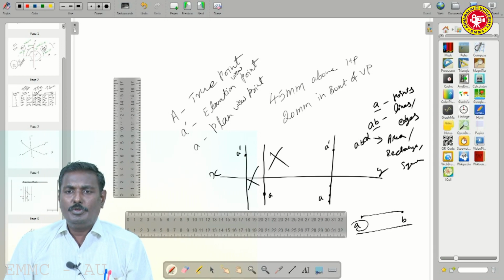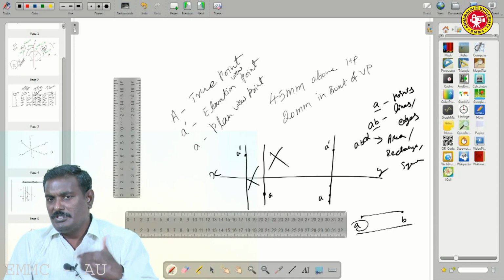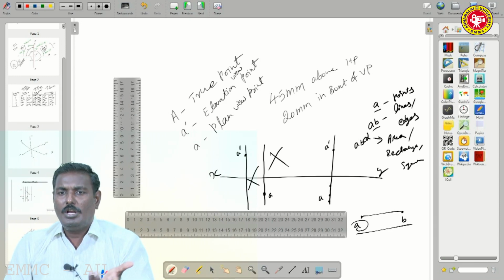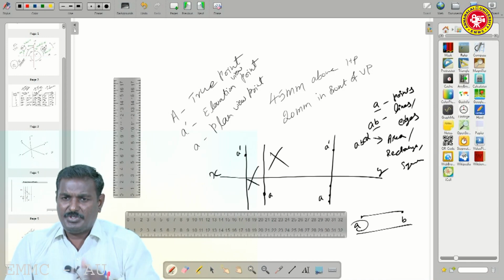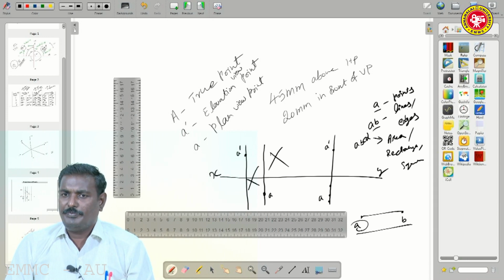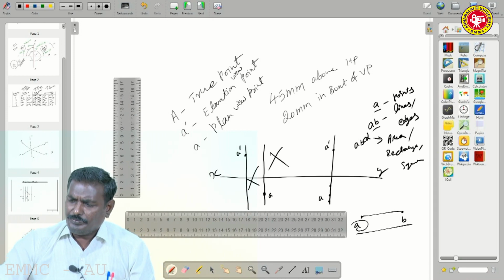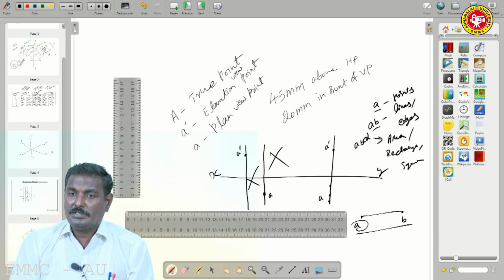And volume, what about volume? It depends upon the lettering and specifications to represent volume or some shapes. I will tell you later, whenever we come to the projection of solids. These are the logics. So, that is why.